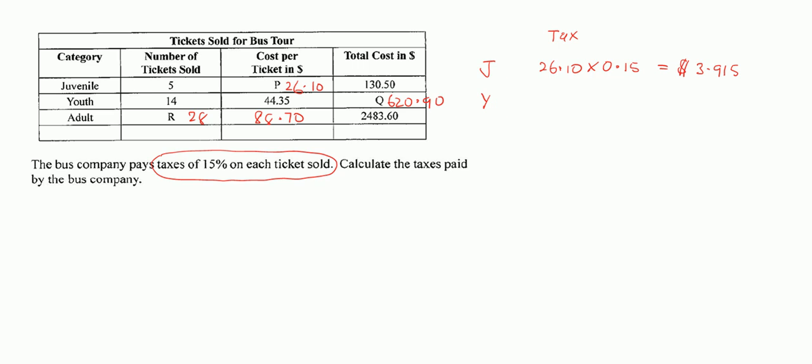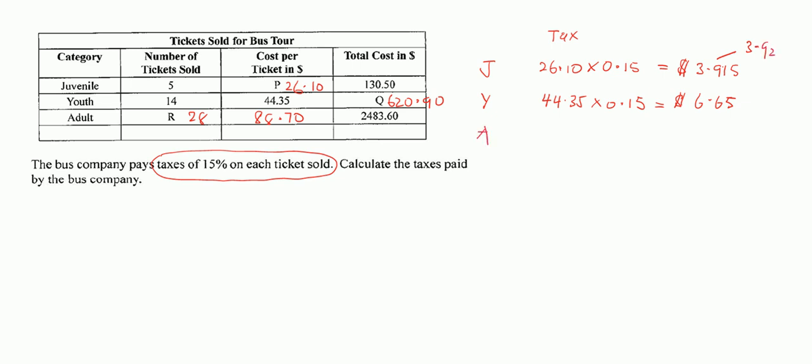For the youth, the tax we will have to pay is 44.35 multiplied by 0.15, which gives me 6.65. Let me just round it to two decimal places to make our lives easier, so the juvenile tax is $3.92.